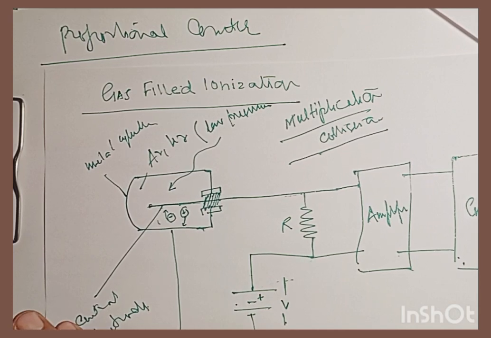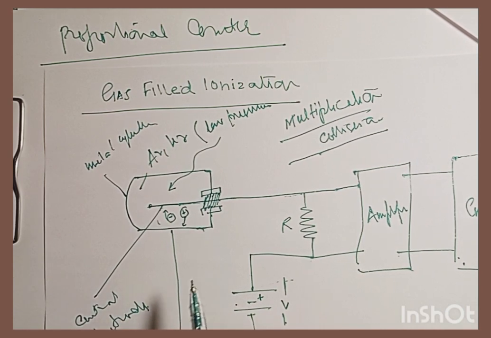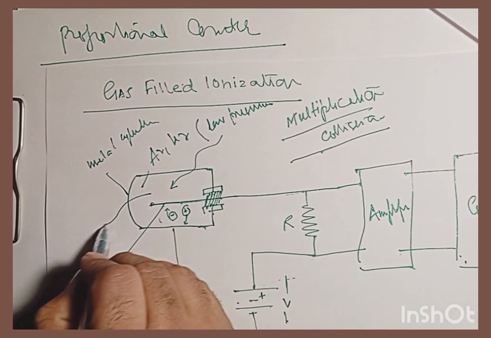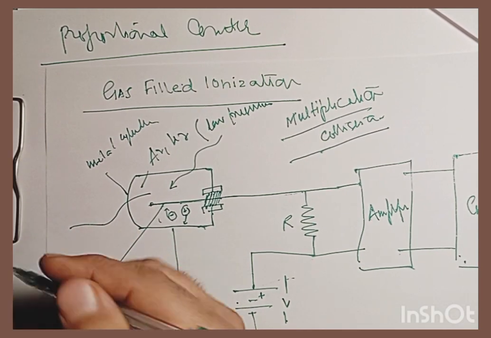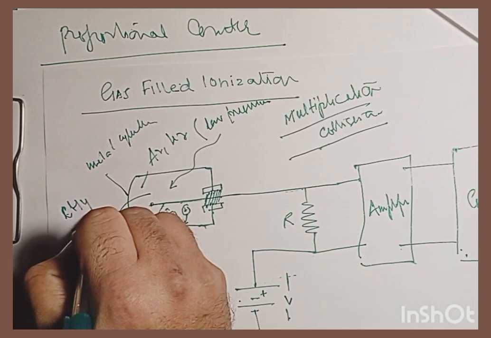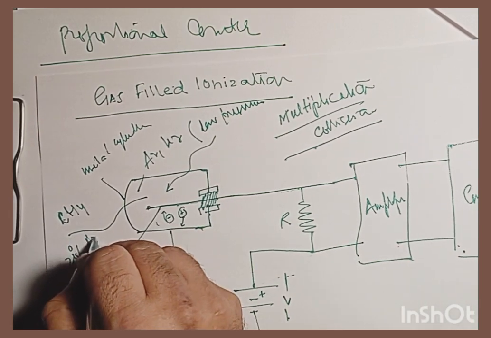This metallic cylinder tube serves as a collecting electrode which is connected to a pulse amplifier, and the tube is filled with methane, CH4, and approximately 20% of argon.